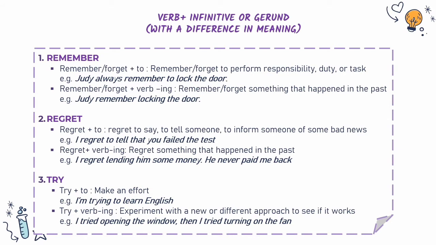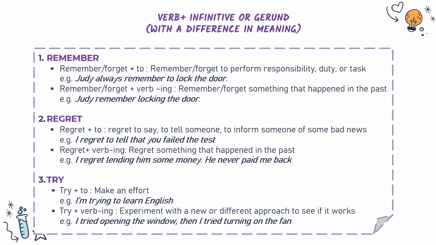The other one is the verb try followed by verb-ing. It means doing an experiment with a new or different approach to see if it works. For example, Justin tried opening the window. Then he tried turning on the fan.